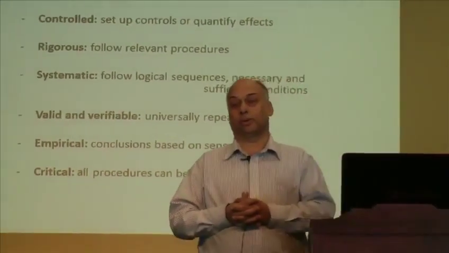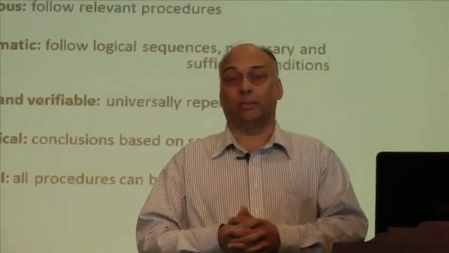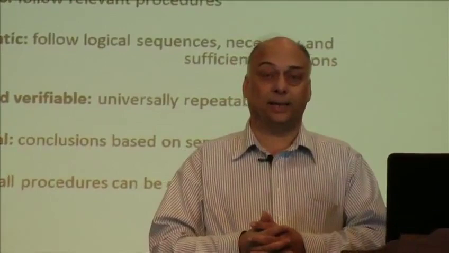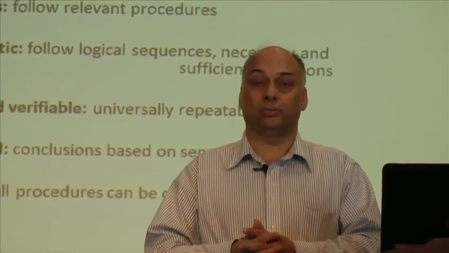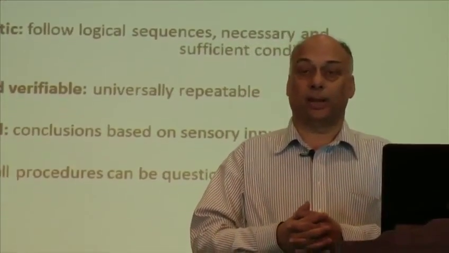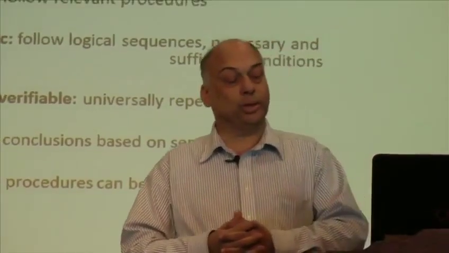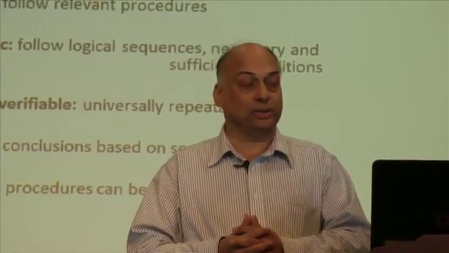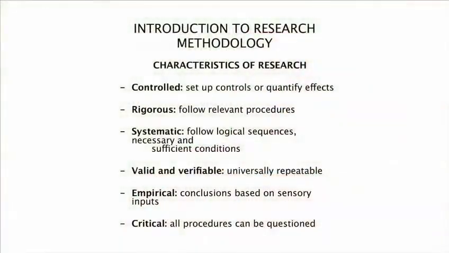But research methodology is, as you may already be getting a sense of, much more complex than that, and it involves a lot more in terms of the rigor with which you conduct research and the various elements within it. So the characteristics of research that we have established so far are that it is controlled.